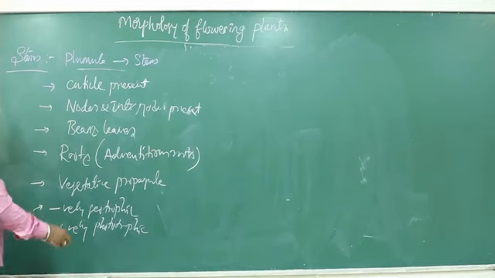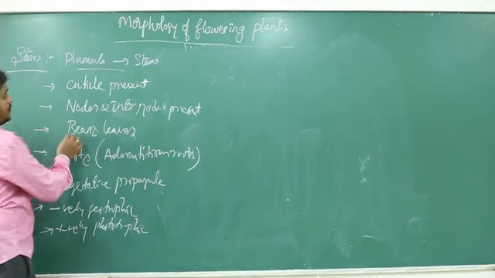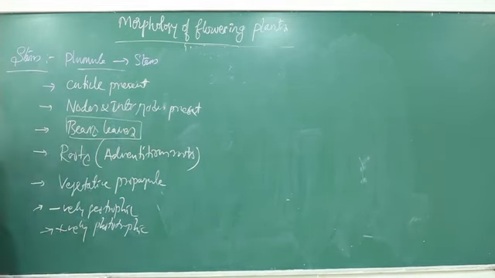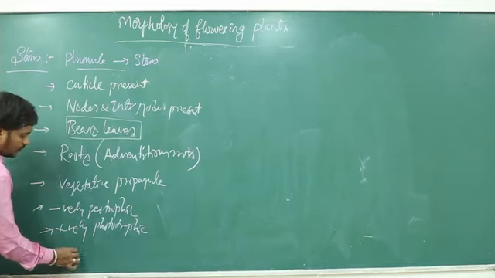The major function of a stem is to bear the leaves and help the leaves to be exposed to light and perform photosynthesis. That is the main function. And also it produces flowers and fruits that help in reproduction. This is the actual function of stem, and of course conduction of water and food.